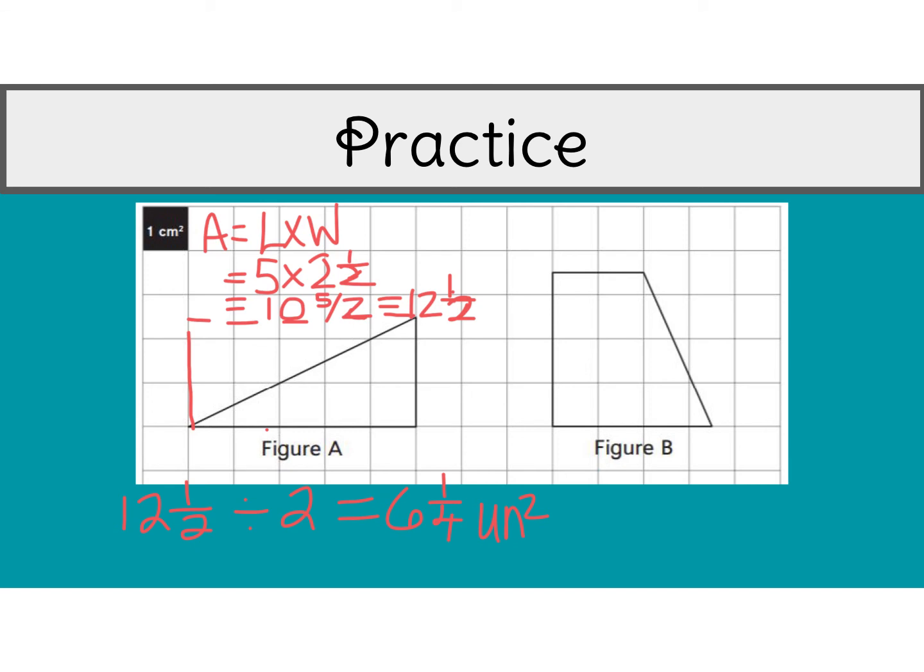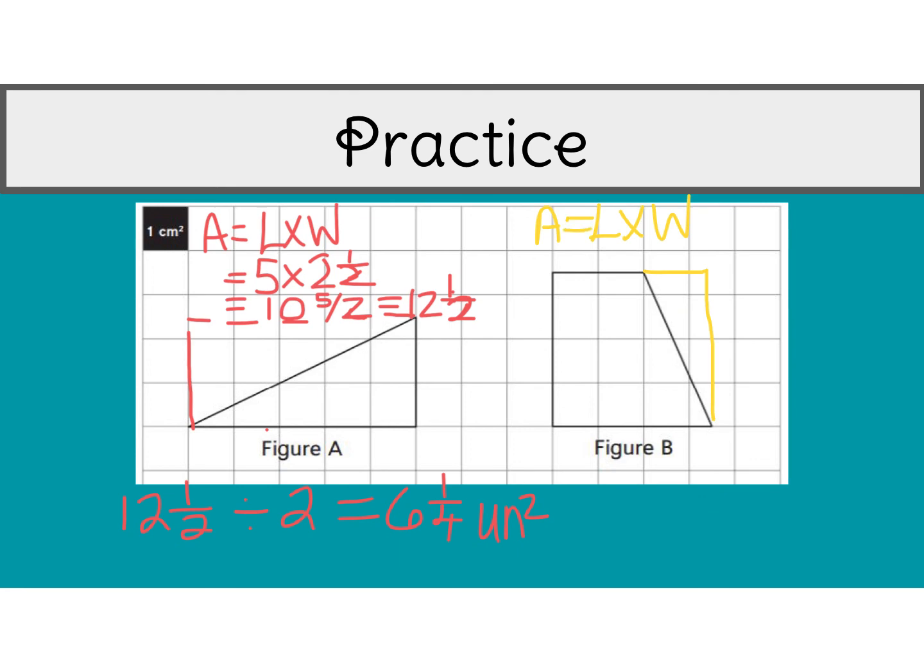Now let's take a look at our trapezoid that we have here on the right. Basically we're going to extend that line up and make this one large rectangle. We're going to use that same formula, length times width.